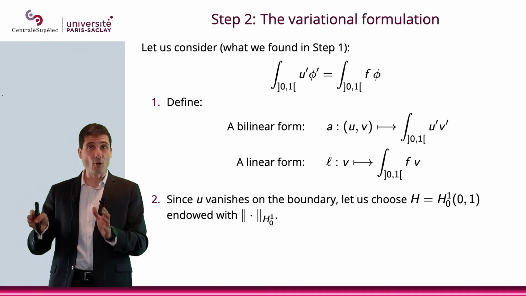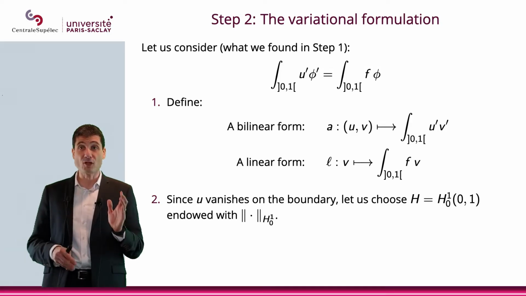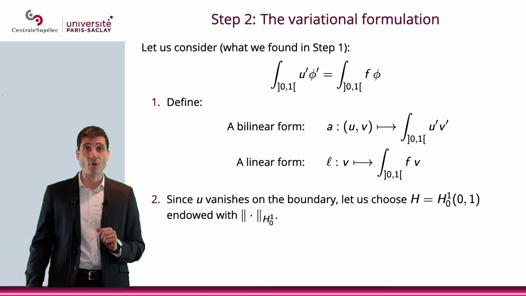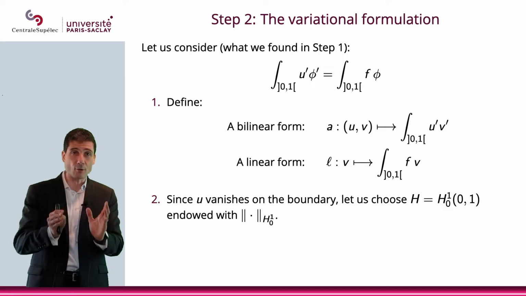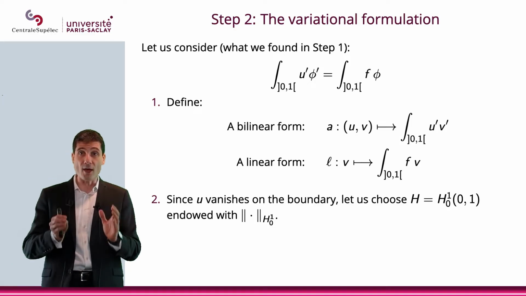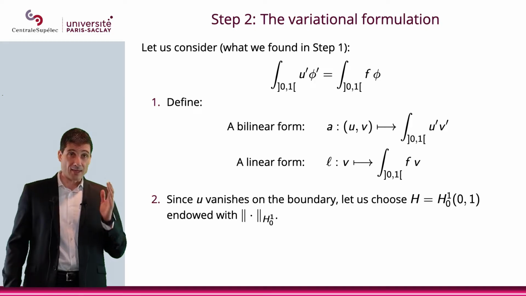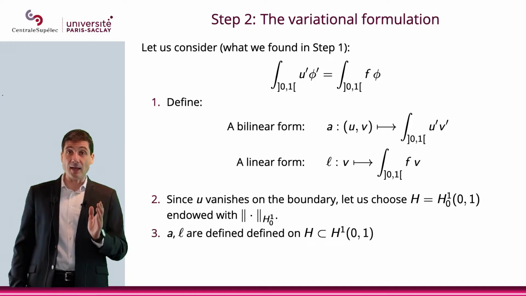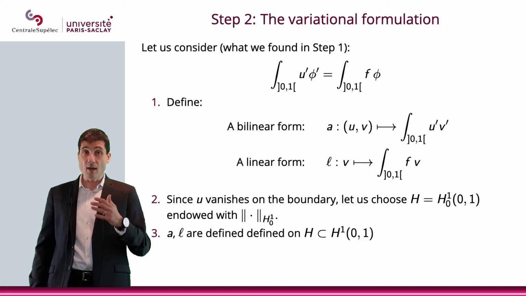And again, remember, we defined H10 at the end of chapter 3. If that is not clear for you, please watch this video again. So I'm considering H, which is H10, endowed with the norm H10. Okay, now A and L will be properly defined on H, right?